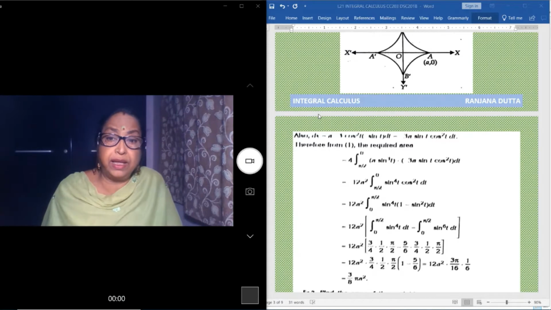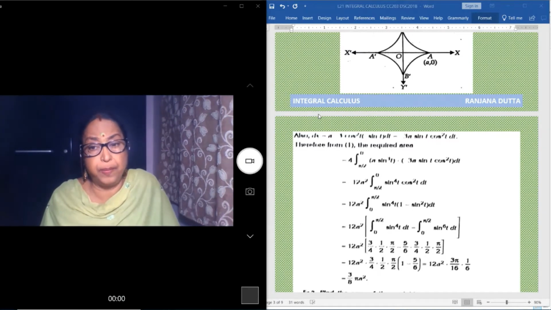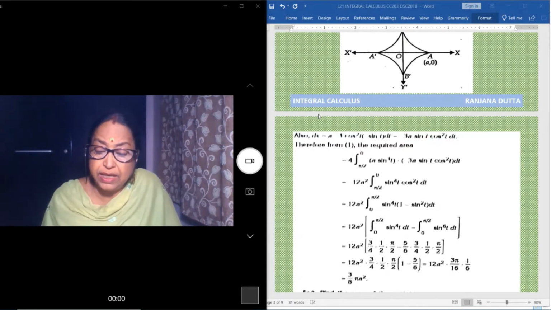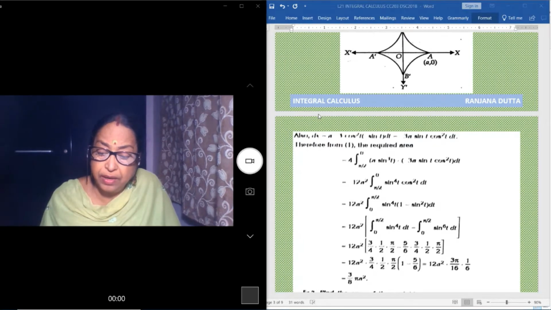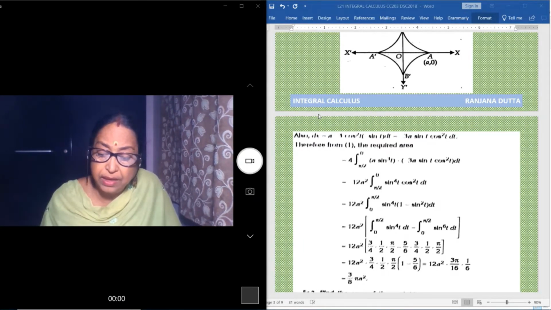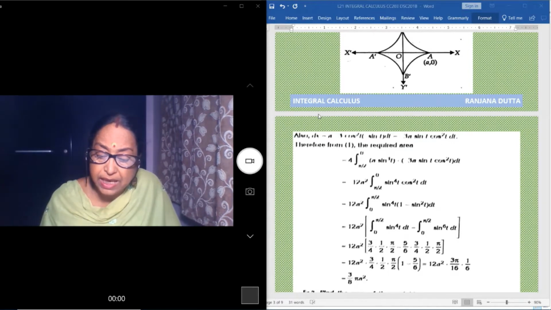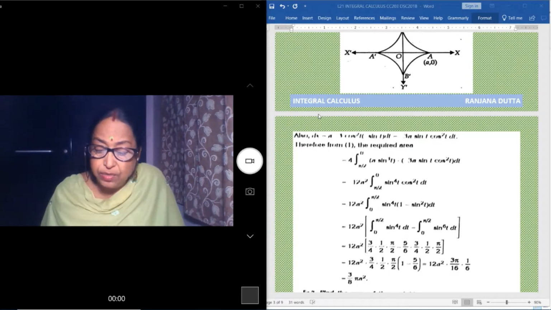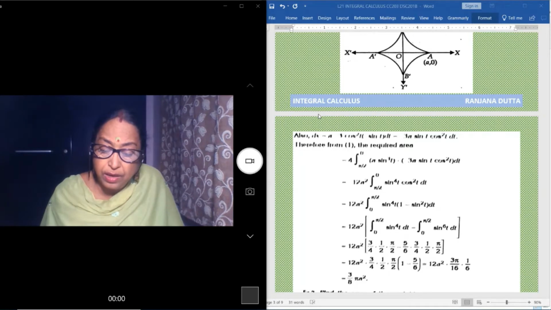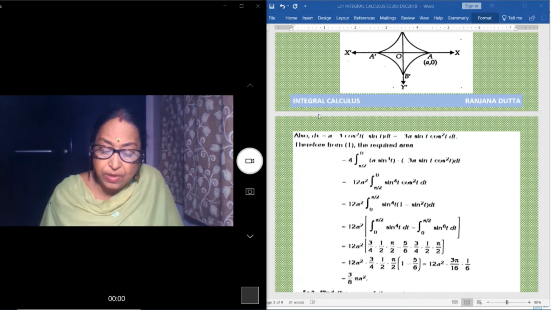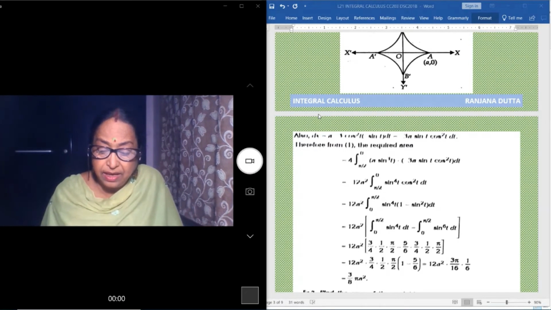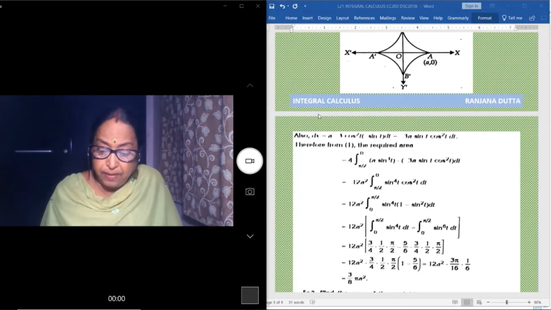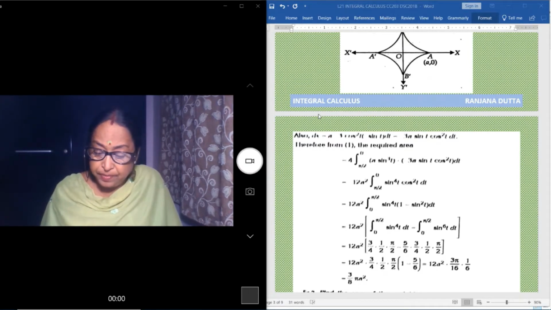And we know using the definite integral property, that can be written as minus 0 to pi by 2, and that minus and minus get cancelled. We are left with 12a square sin 4 t into 1 minus sin square t dt, and then using the reduction formula, we can get the answer.